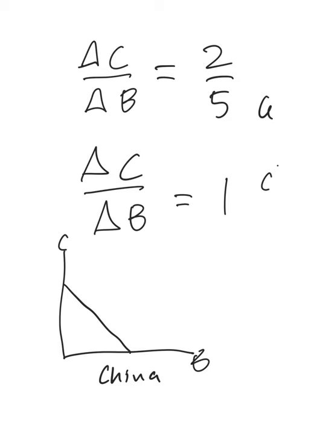The German production possibility frontier, I don't have quite as much room. The German production possibility frontier has this flatter slope. Beer, cloth, but it's a flatter slope. It's 2 divided by 5, or 2 on one, 5 on the other. China is like 1-to-1. So let me redraw those quickly. Okay.